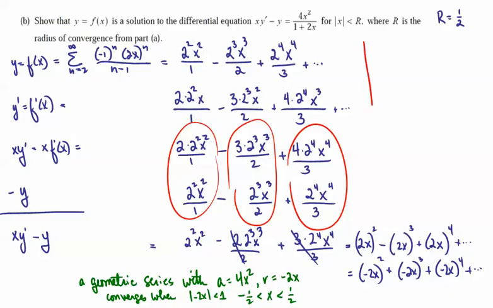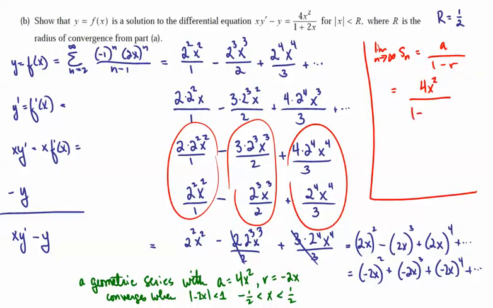And finally, we'll put together the limit as n approaches infinity of the nth partial sum, which is a over 1 minus r, and that will be equal to 4x squared over 1 minus negative 2x, leaving us with 4x squared over 1 plus 2x, which is what we were trying to show in the first place. So that'll do it for this problem.